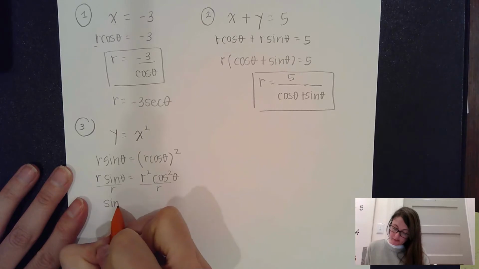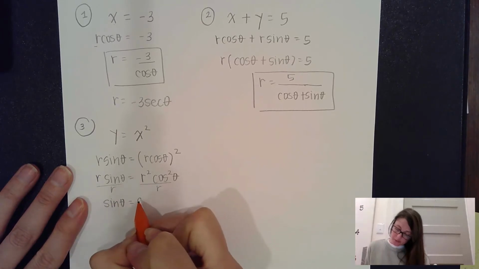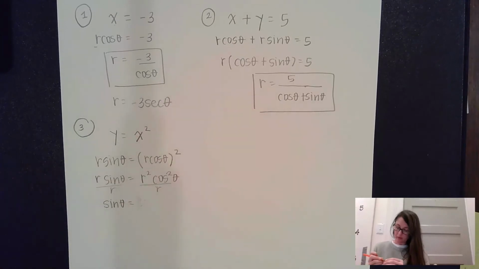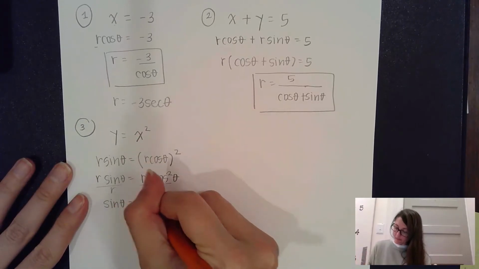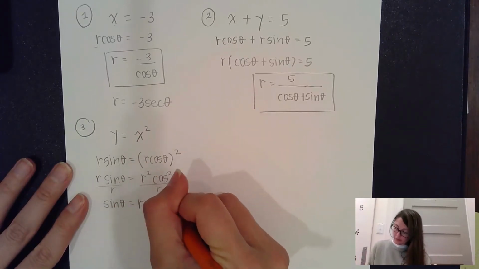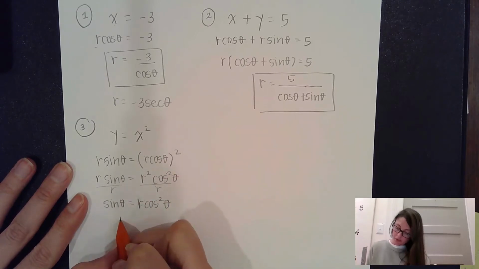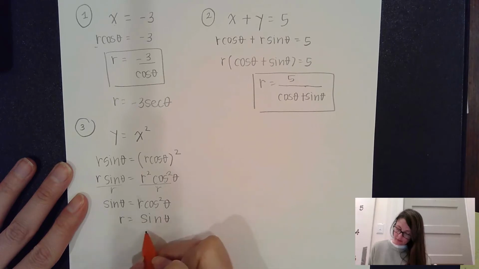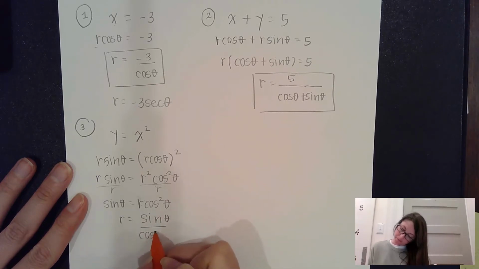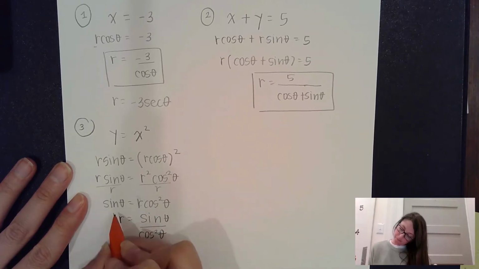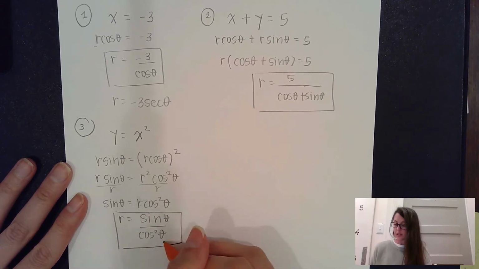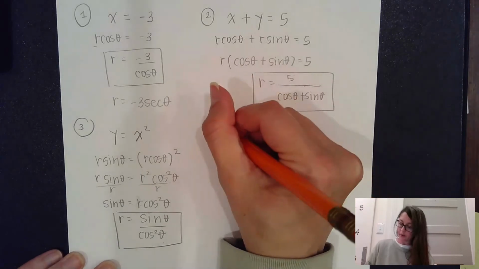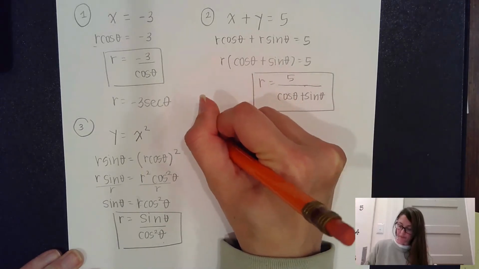So this will be sine of theta is equal to r cosine squared theta, and then solve for r. So isolate your r, so you'll have sine theta over cosine squared, which is sine over cosine, a tangent, right? So you could rewrite it a few different ways.